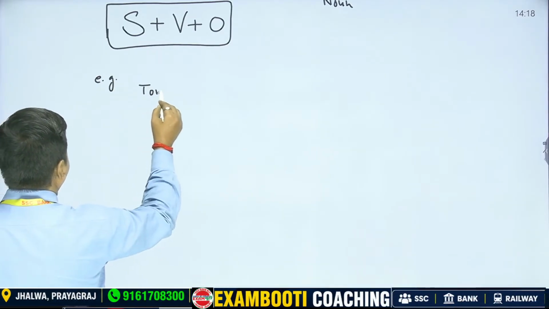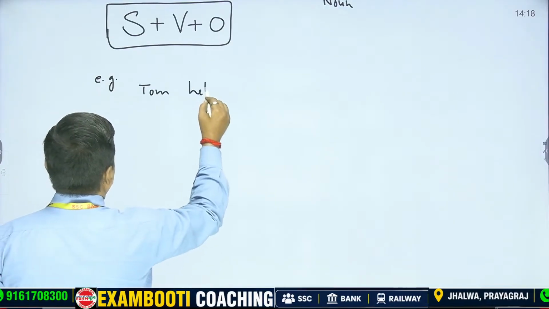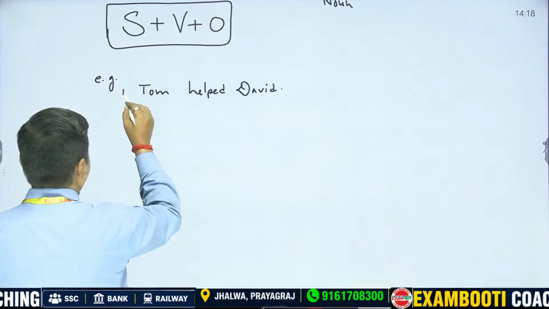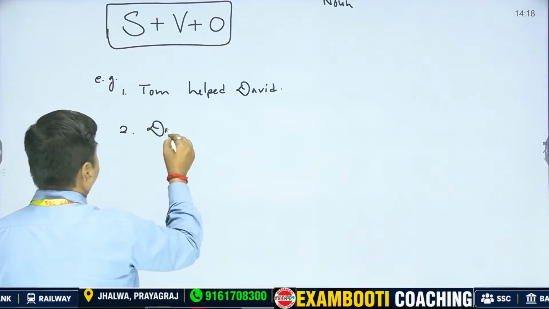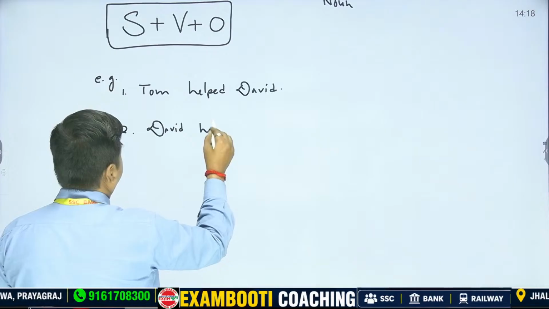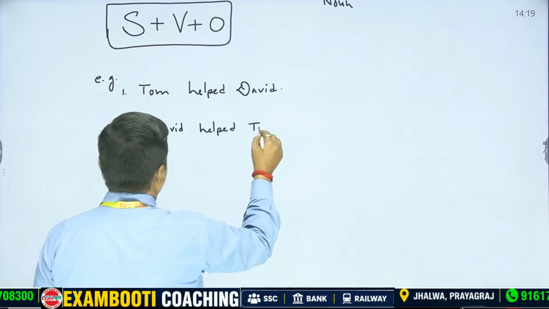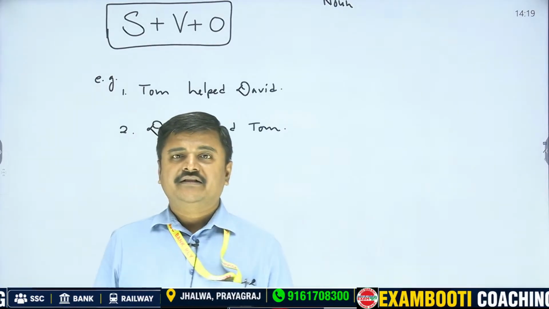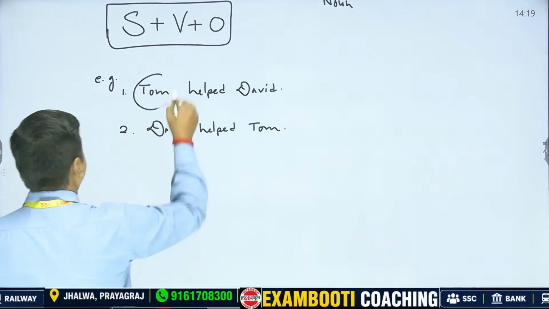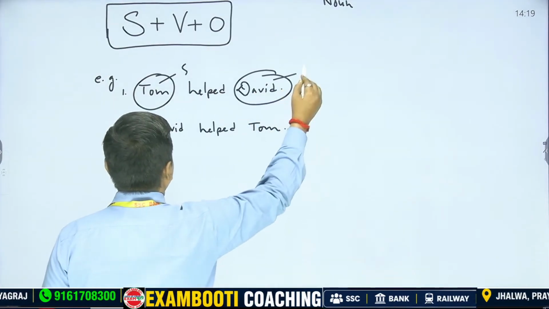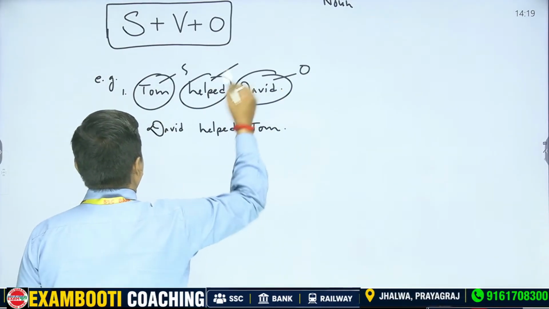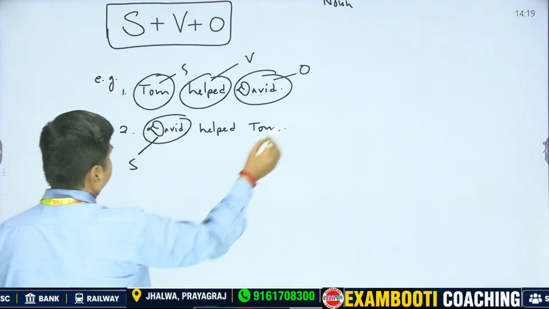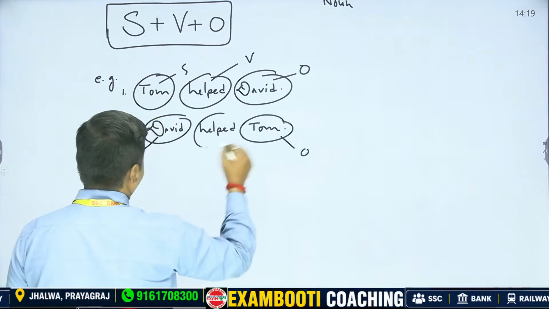If I write Tom helped David, and I write again David helped Tom. Now in these two sentences, in the first one, Tom is subject and David is an object, and helped is the verb. But in the second one, David is subject and Tom is an object and helped is a verb.